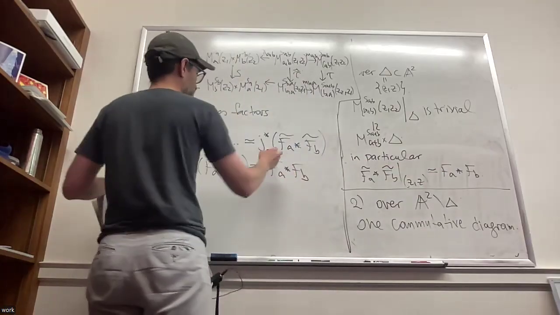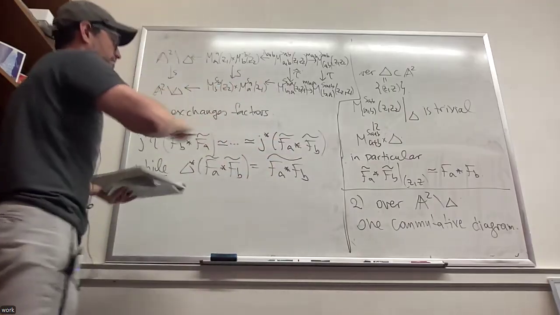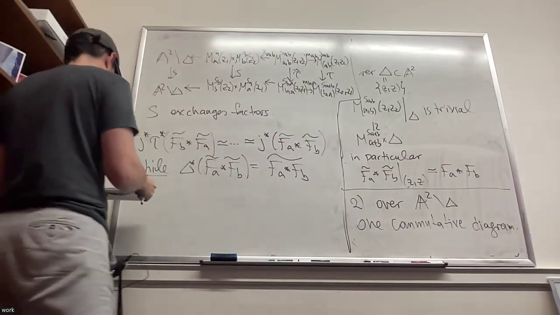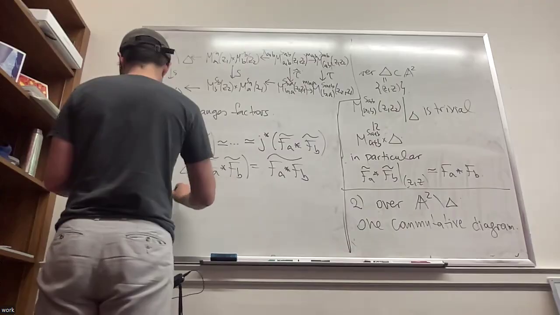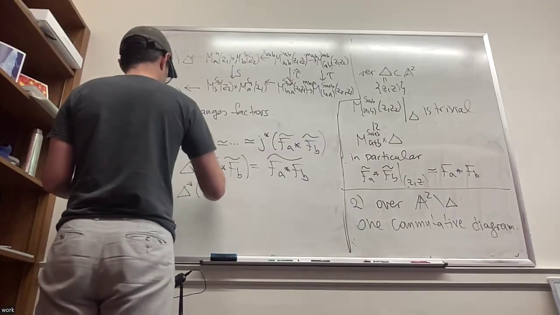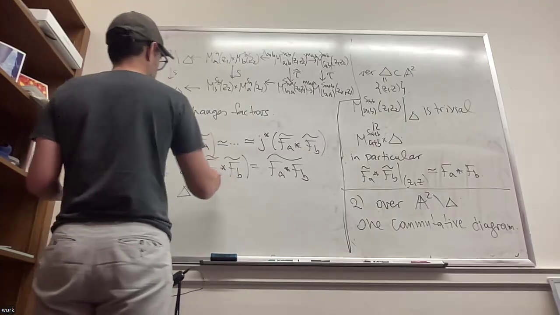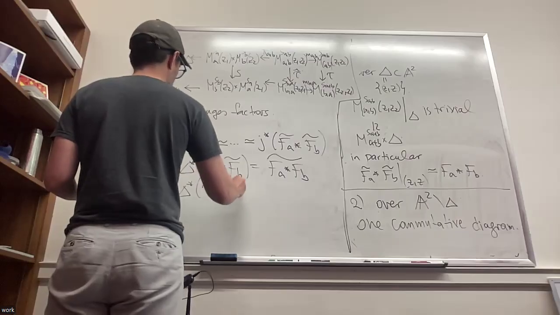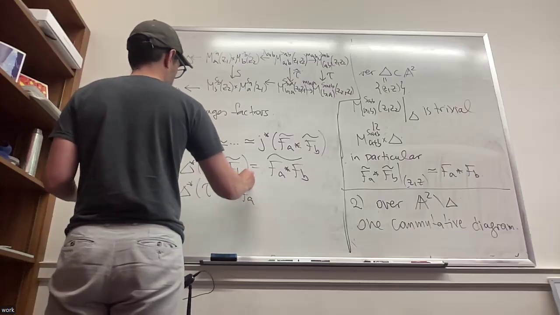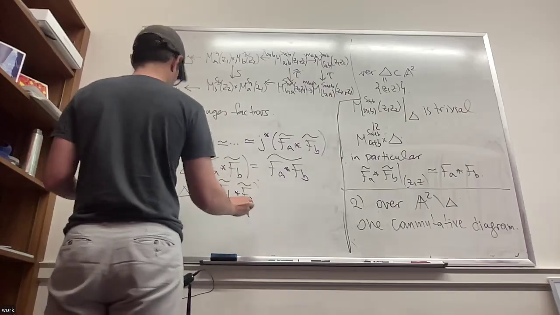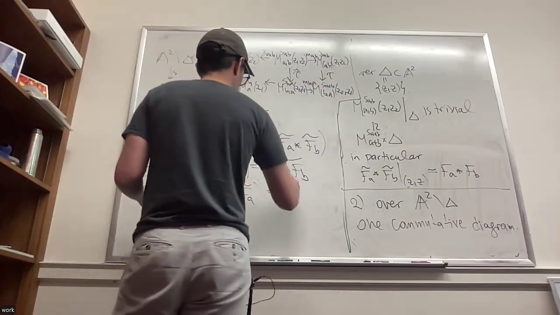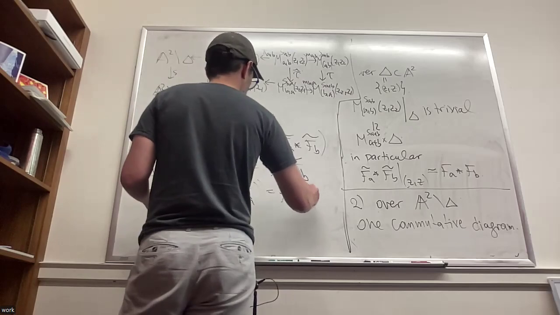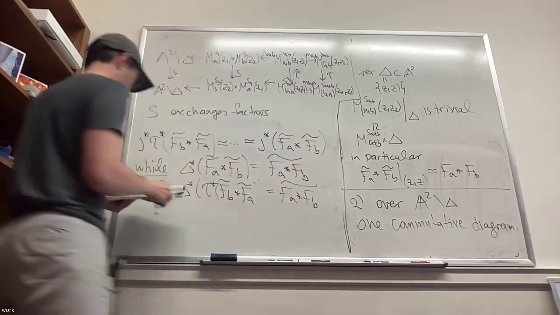So if you restrict the whole diagonal, you get the trivial deformation of that. And if you do it to this one, if you restrict to the diagonal, this guy, you get the same thing, in fact. Okay?